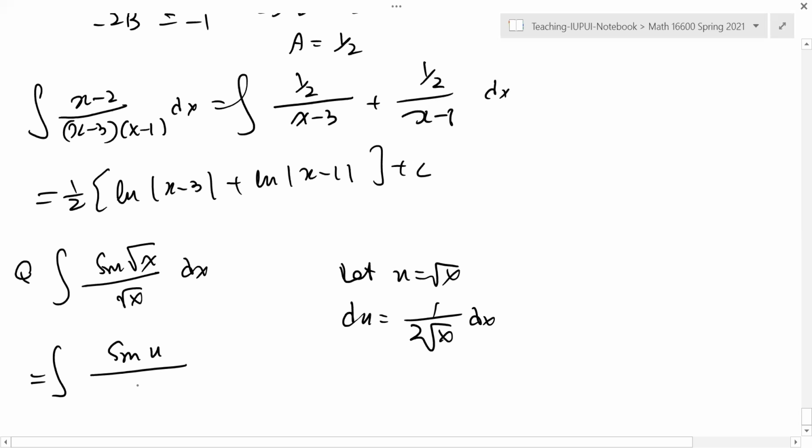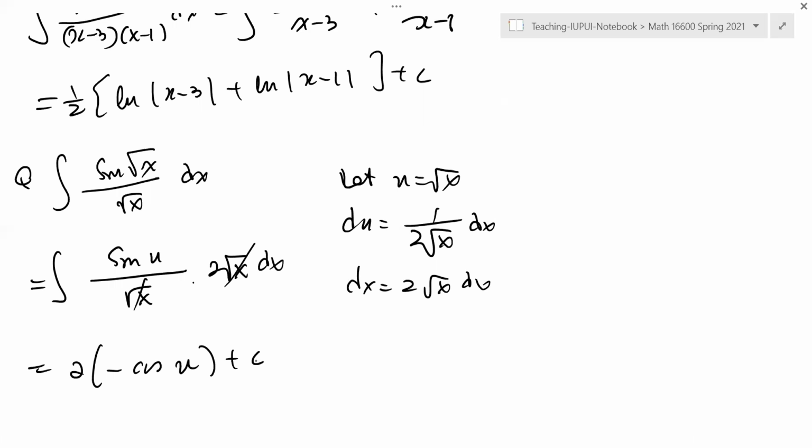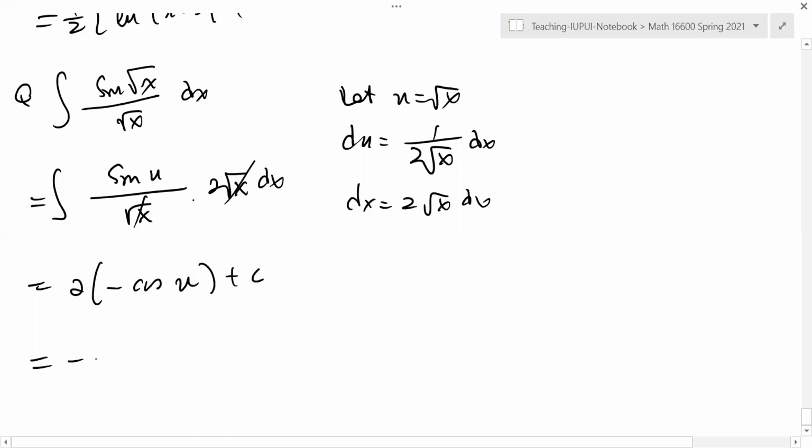So here, if you put the square root of x here, then dx is going to be 2 square root of x du. Right? It'll be canceled out. So it's going to be 2 times negative cosine u plus constant, because the antiderivative of sine u is negative cosine. And so the answer will be negative 2 cosine of square root of x plus constant.